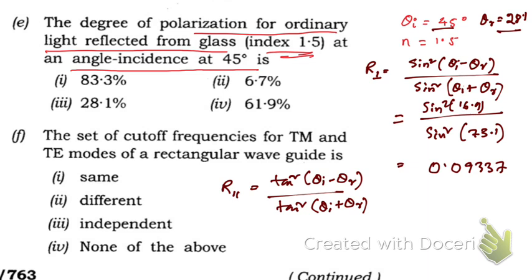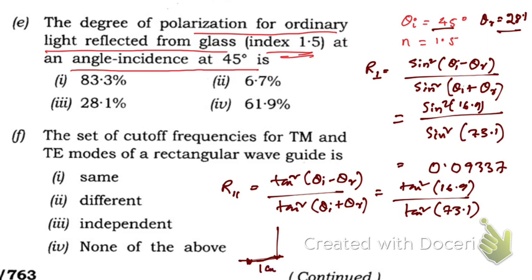Now you see, again, in order to find tan square 16.9 by tan square 73.1, you can use the same procedure: take the base 1 centimeter and draw an angle of 16.9. Okay, then measure the perpendicular.